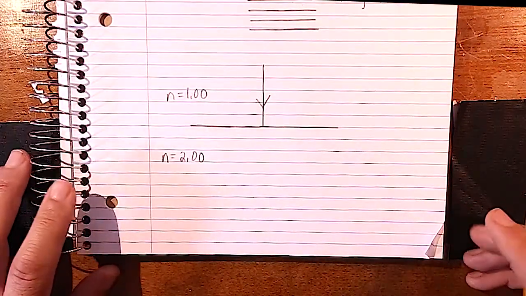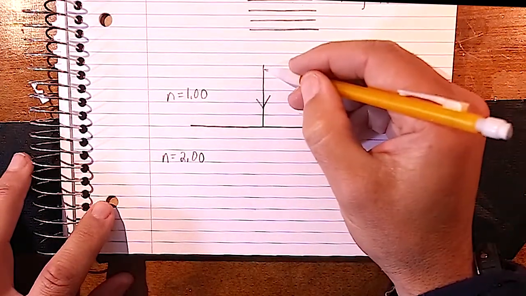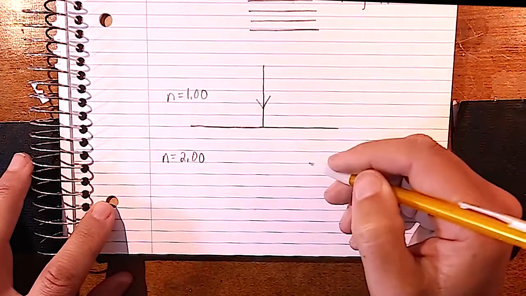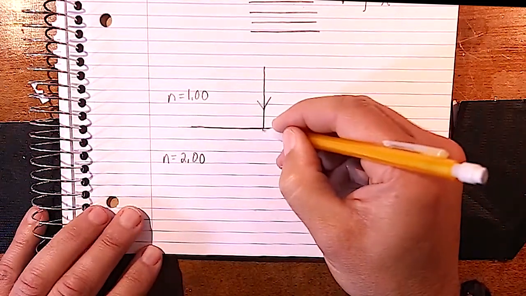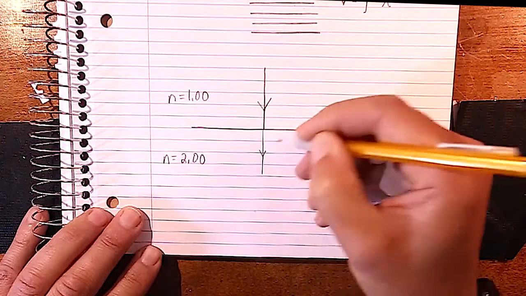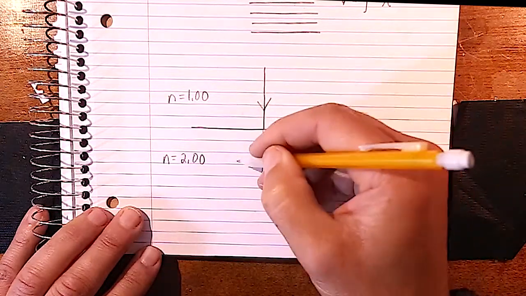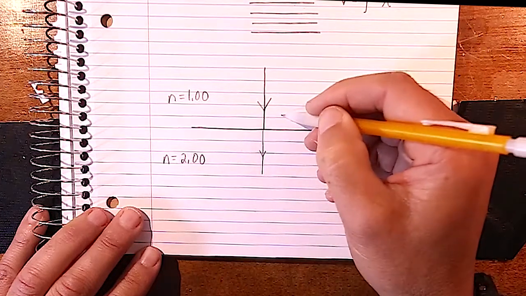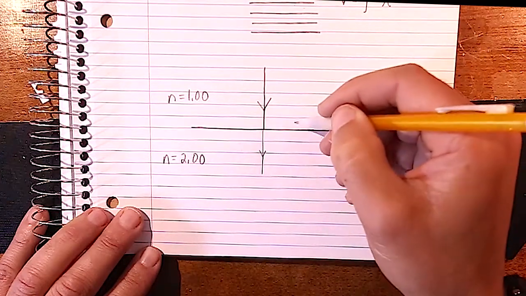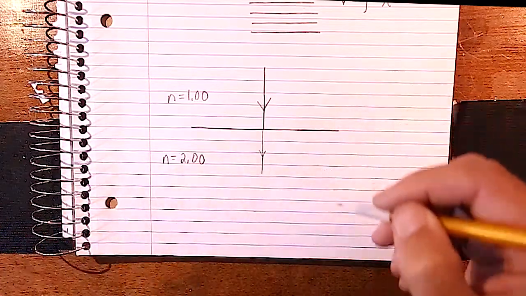They might give you something like this. They show you a light ray coming into a new medium, and they'll ask you, what will it do? And the answer is, it's just going to go straight through. Why? Even though it slows down, even though it changed mediums, it did not come in obliquely, so in this case, it does not refract.